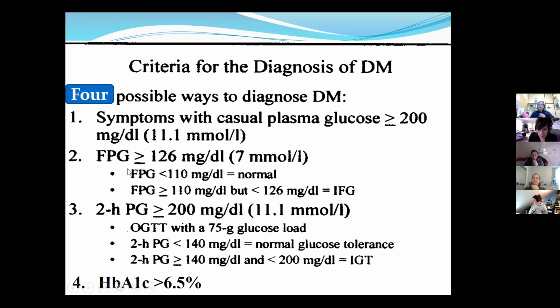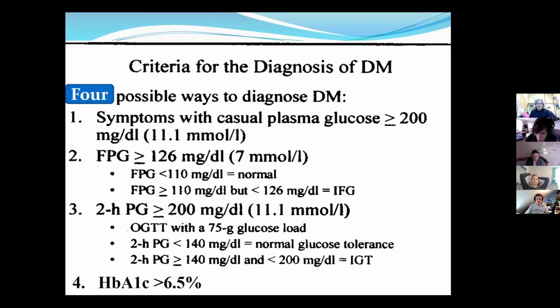It's great to know what happens to your blood sugar fasting, but more importantly, or equally as important, what happens when you eat? Or in this case, for the purposes of the test, you drink this sweet syrup that is 75 grams of glucose.